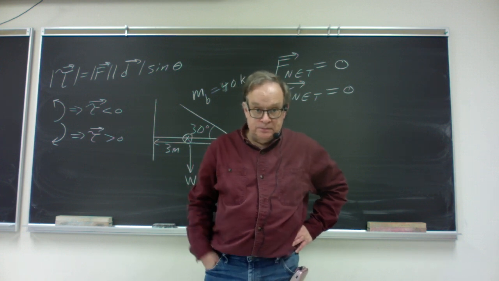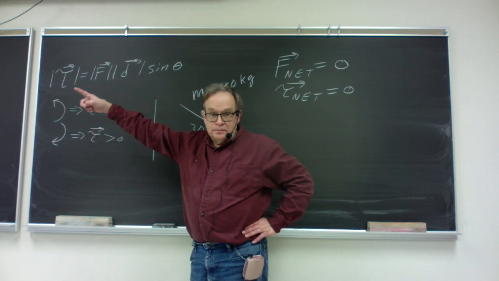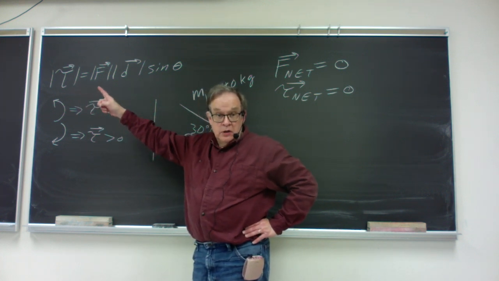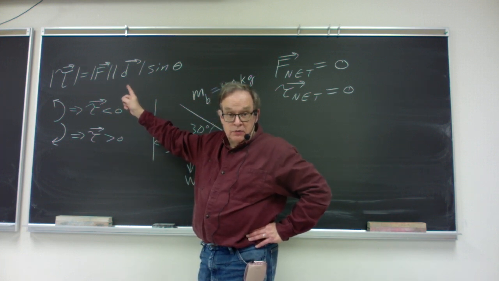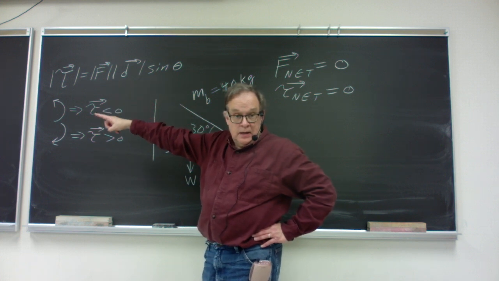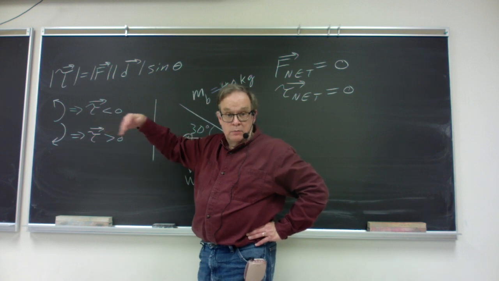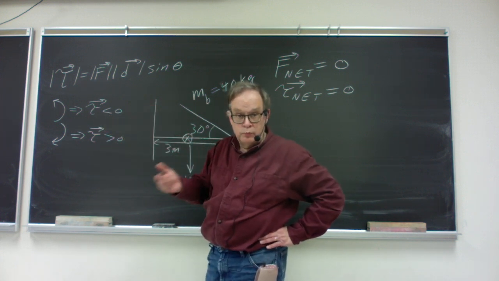So here's a first example, but just a reminder how you find the magnitude of a torque. It's just force times the magnitude of a displacement vector and sine of an angle. And the sine is determined by what kind of rotation that torque would produce.